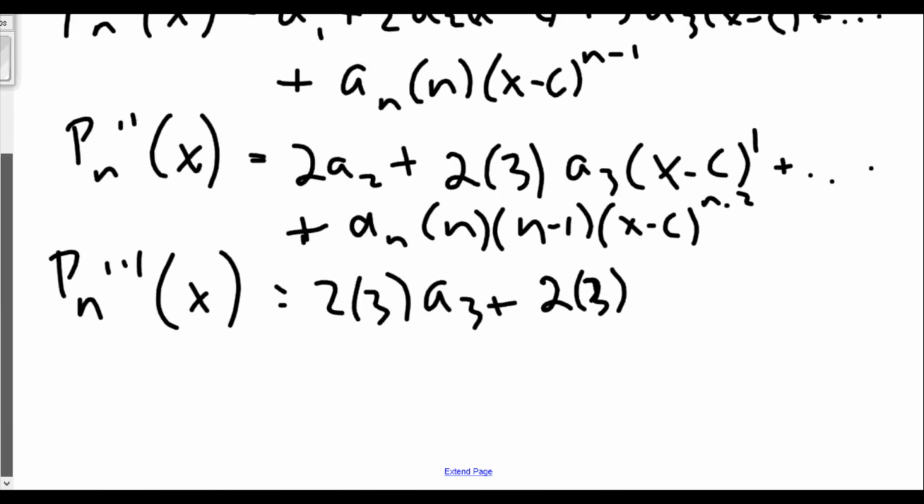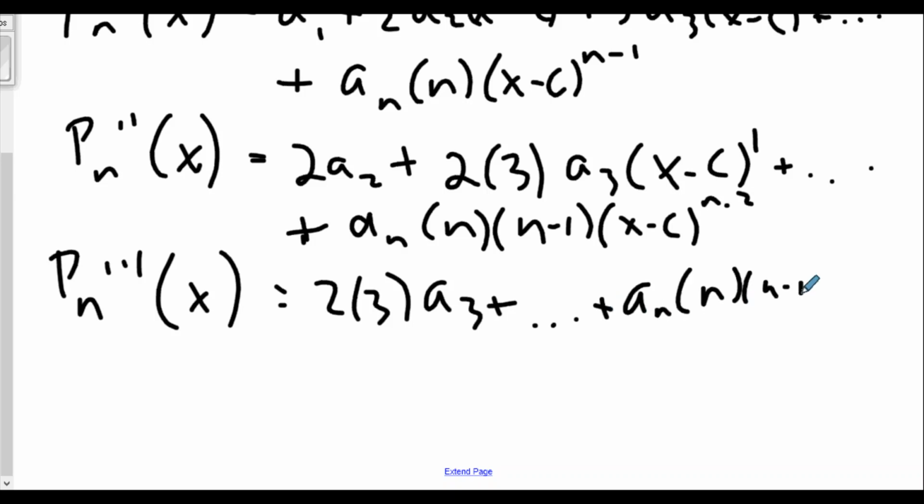So it continues further, and we'll end up getting 2 times 3a_3, and then all this will just continue onwards to get a_n times n times (n - 1) times (n - 2) times (x - c) to the n minus 3.